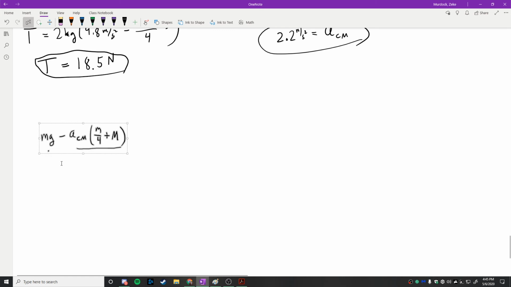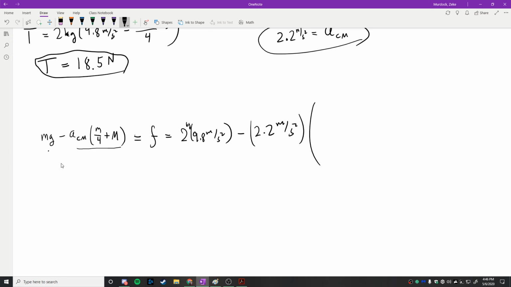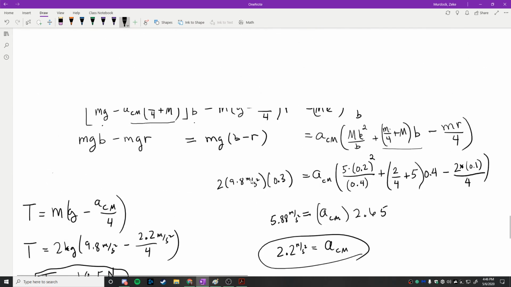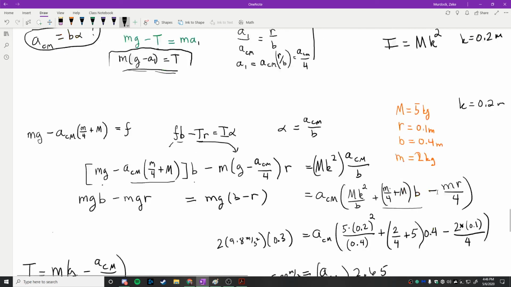Then we can solve this one. So 2 times 2 kilograms times 9.8 meters per second squared minus ACM, which was 2.2, multiplied by little m over 4, so that's 2 kilograms divided by 4, plus big M, I think was 5. Yep.